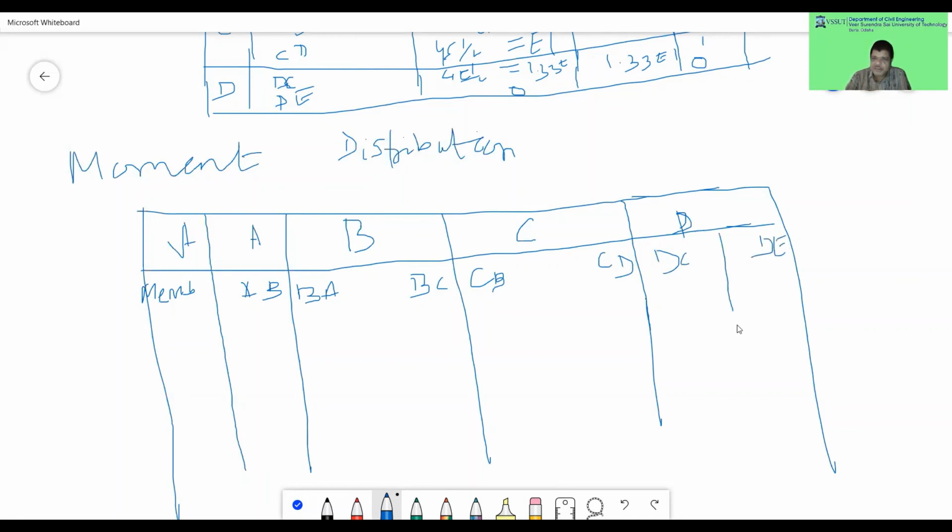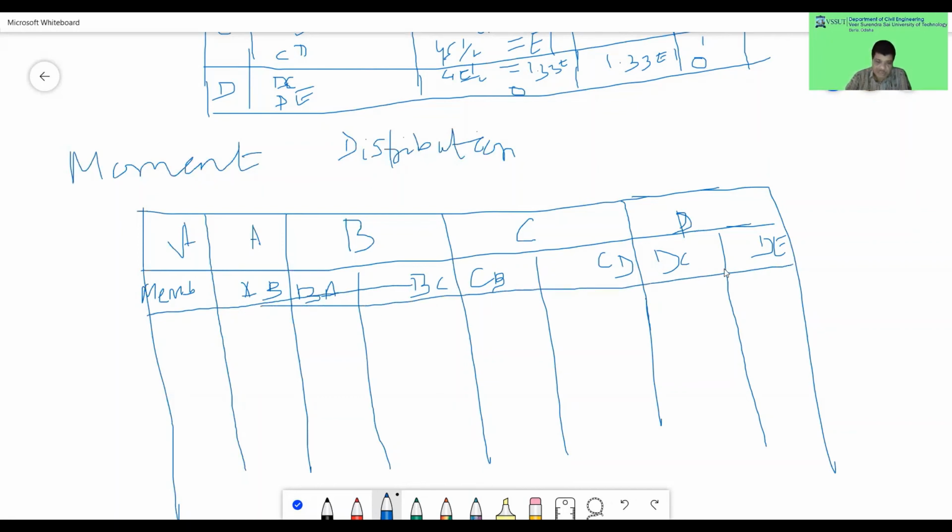I'll make two parts of all these members. Now you'll find the distribution factors. A and AB is fixed, so 0.